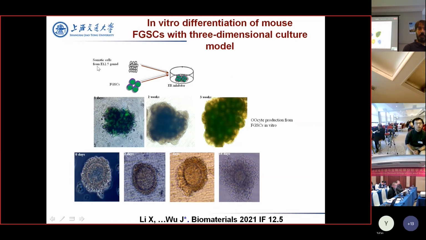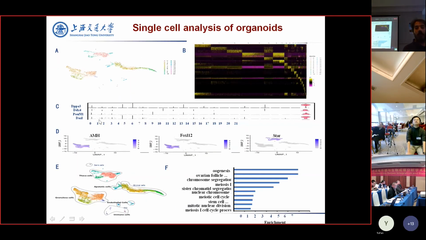This is how we can combine FGSCs with somatic cells and get an organoid ovary, similar to a natural ovary. We isolate follicles and culture them, and single-cell analysis of the organoids shows the cell types are similar to the natural ovary.